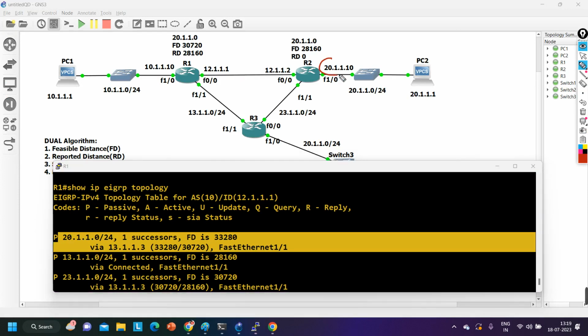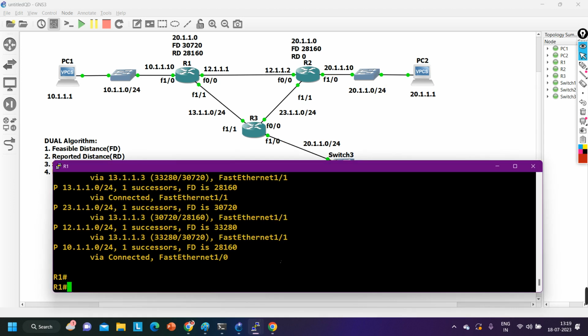Actually, no, router 1 is getting this network, sorry, via router number 3. Here router 1 is getting 20.1.1.0/24. So how many hops away is this network? Two hops away. So if I configure maximum hop 1 over here, it will never accept the 20 network.